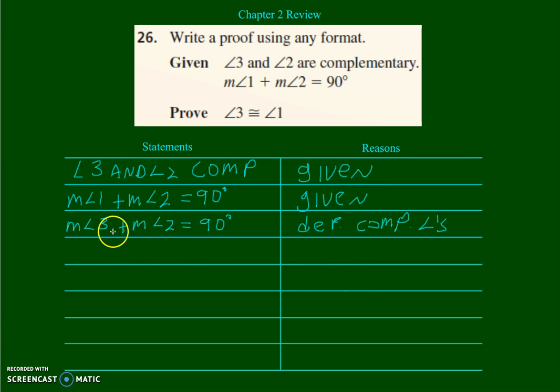All right, so now that we have this, we can see that we have the measure of angle 1 plus the measure of angle 2 equals 90 degrees, and the measure of angle 3 plus the measure of angle 2 is 90 degrees.